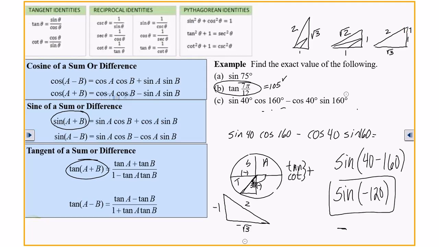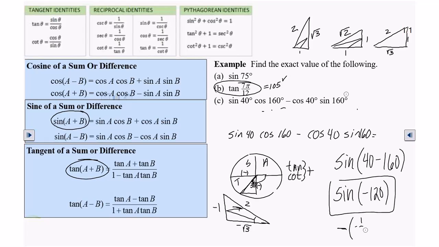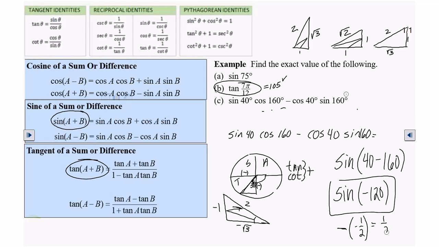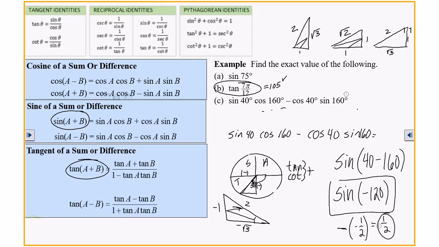And what is the sine? Oscar had. So negative 1 over 2, right? And what's negative 1 over 2? Should be 1/2. No, Hubert, don't do that. I just messed up.